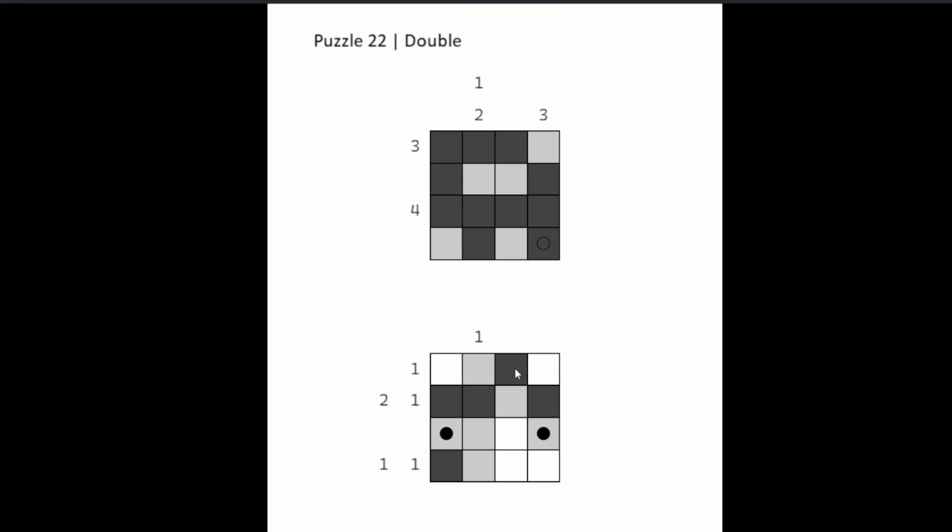I know it's not here. That would force these two to both be white, and that would be ridiculous. That's clearly trapped. So this is white. One of these is the black cell, but I don't know which one. And one of these is black, one of these is white, which is rather interesting.